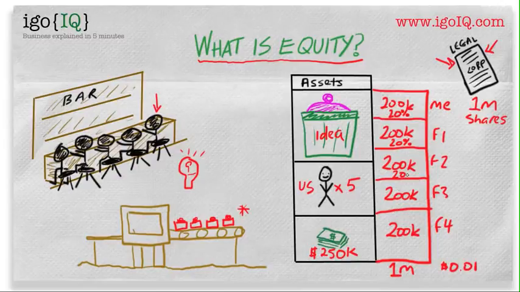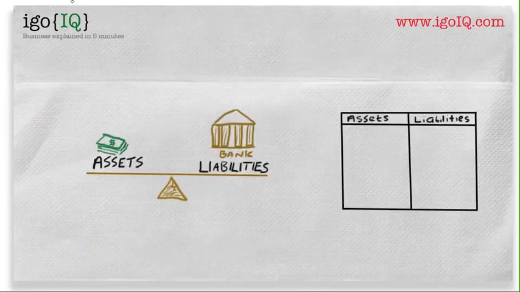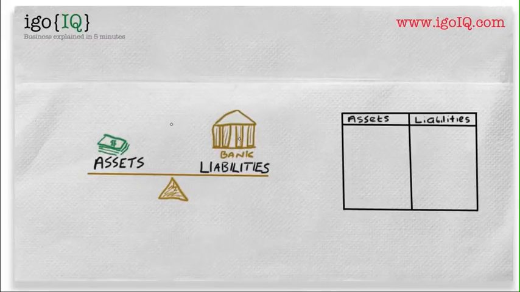So what I'd like to do now is go ahead and build out very simply the concept of this balance sheet we're building here to further explain what equity is. So here's the balance sheet in its most simple terms.